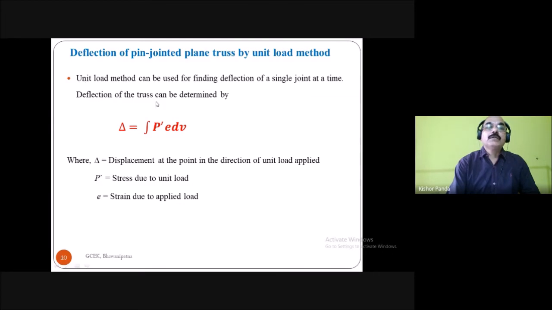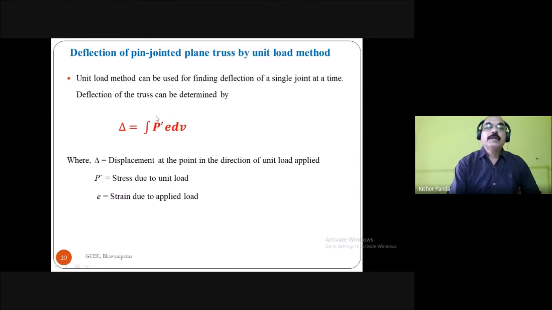The deflection of the truss can be determined by delta is equal to the integration of P dash E dx, where delta is the displacement of the point in the direction of the unit load applied, P dash is the stress due to unit load, and E is the strain due to applied load.